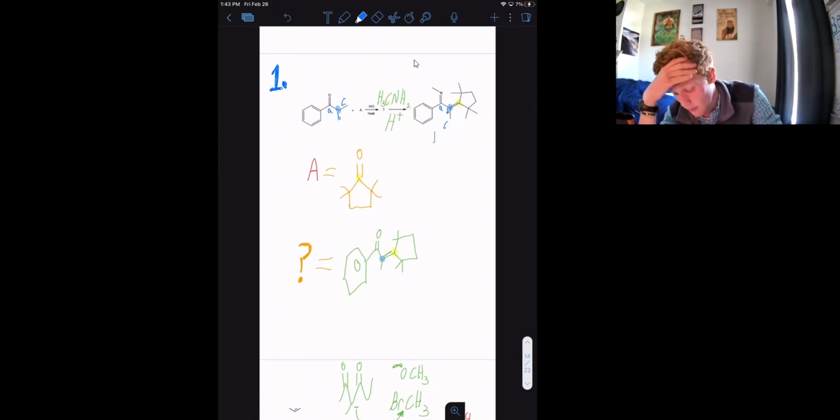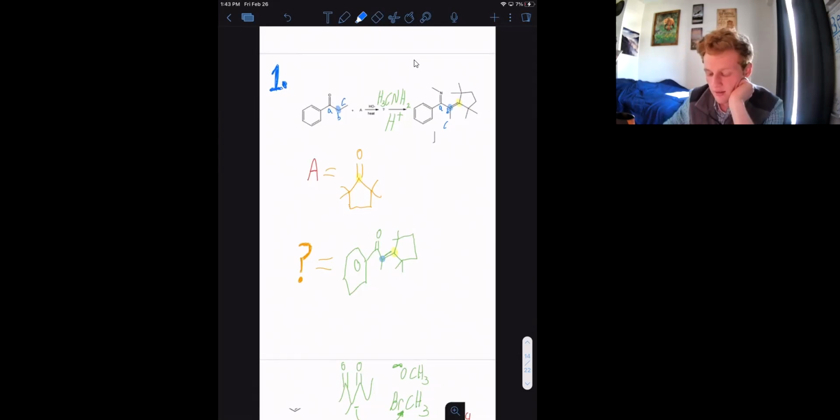So after this, you'll notice that basically this entire compound here is the electrophile, and it will be attacked by the nucleophile, which is this compound here.